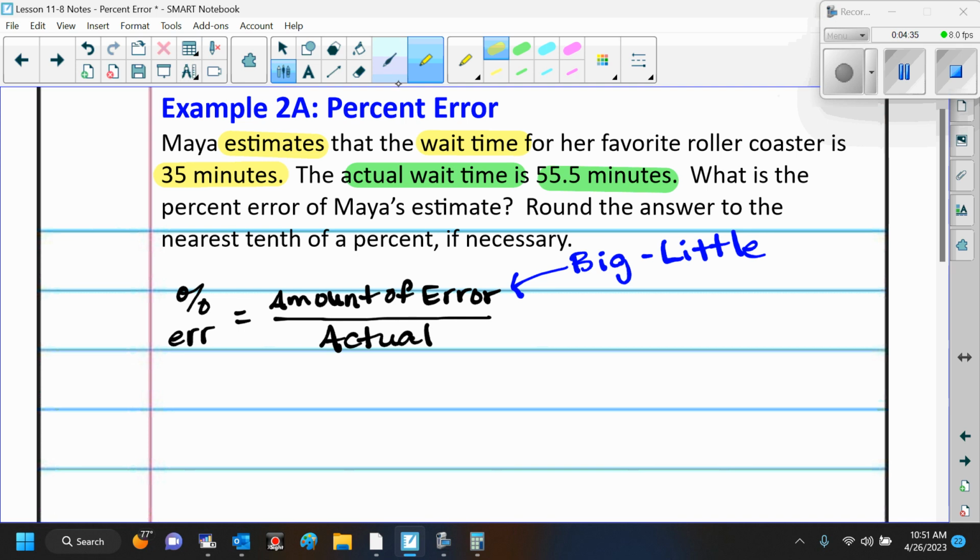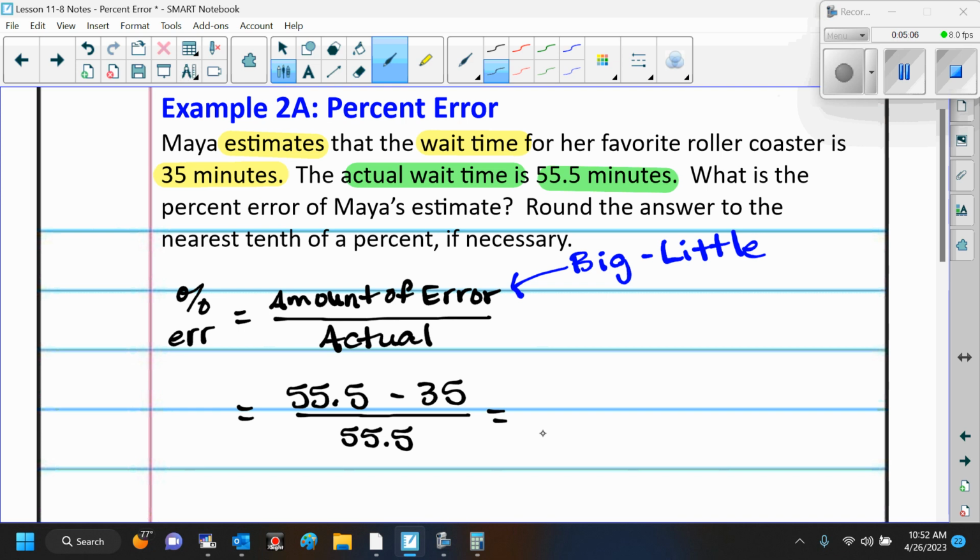So now we substitute in. So the amount of the error is the positive difference. So it's going to be the big minus a little. So that's 55.5 minus 35 divided by the actual, which is what? The actual time is 55.5.